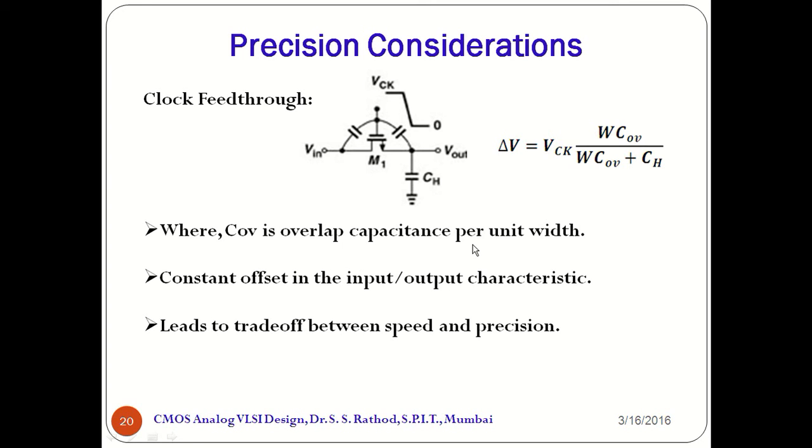Let us say COV is the overlap capacitance per unit width. Then this clock will get coupled towards the source as well as the drain, and it will generate an output voltage delta V, which is equal to the clock voltage VCK times WCOV upon (WCOV plus CH). If you observe this entire parameter, it is a constant offset in the input-output characteristics.